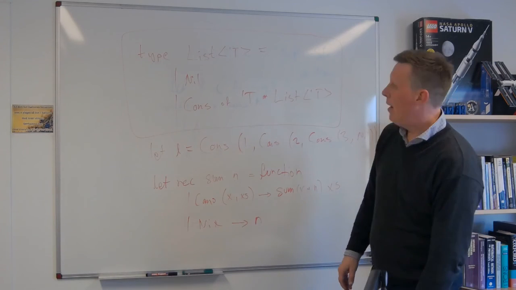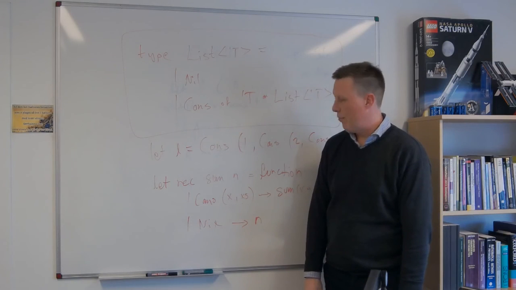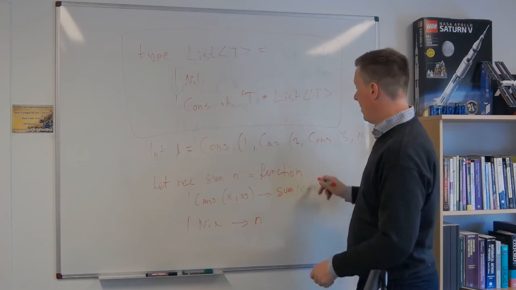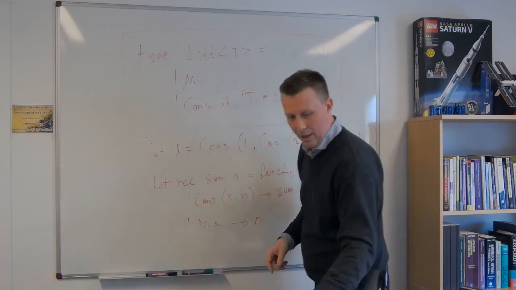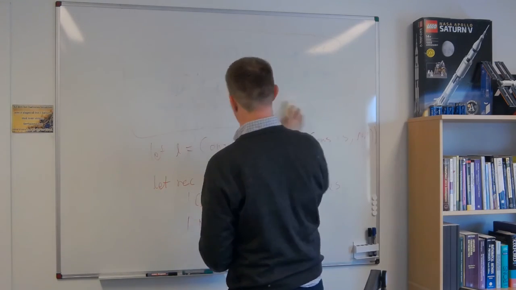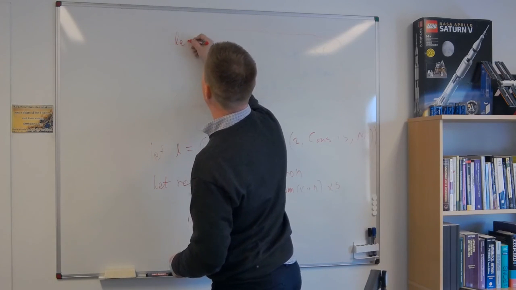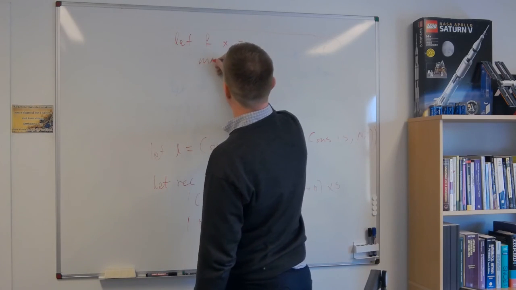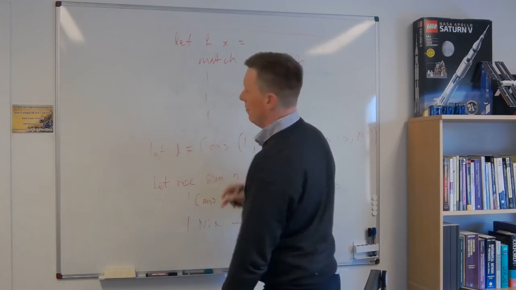So that was basically it for recursion and recursive types and deconstructing types. This function trick here is like, so maybe I should just do that once more to show what it means. So I can write something like let f x equals match x with, right?